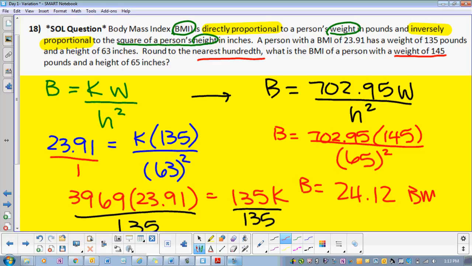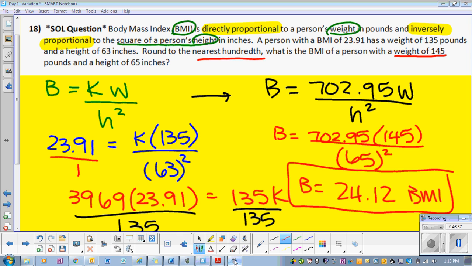Oh, this will say BMI because I don't know what the units are. What is this? Weight over, so what is that? Pounds over inches, right? Okay? All right. Good. So that's it for the notes.